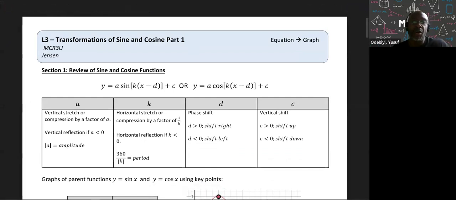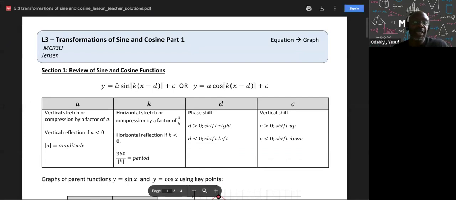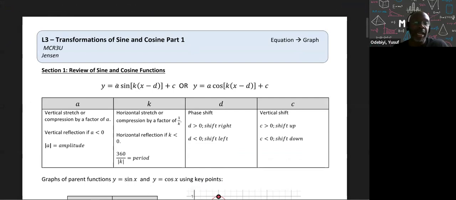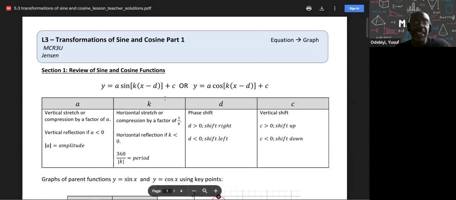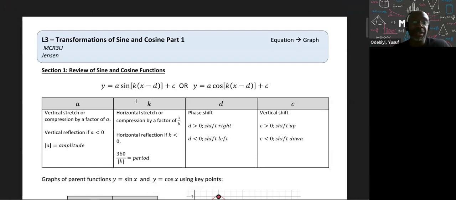You have a sine or you have a cosine, but you still have the same characteristics where your a can cause it to stretch or compress vertically. You have your k, which will cause it to stretch or compress horizontally. You have your d that makes it go left or right, and your c to go up and down. So it's similar transformation characteristics, okay?